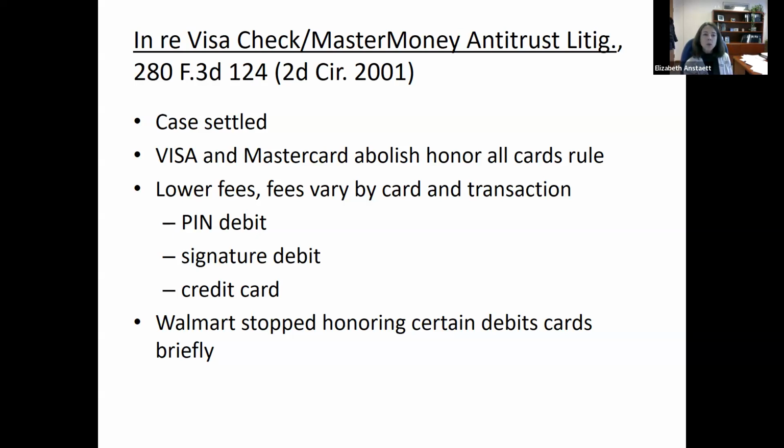But what was really more important than abolishing the honor all cards rule, which honestly is very difficult for a retailer to pick and choose, is they did lower the fees and they started to develop this very complex system. The interchange fee schedule is now available online. It's somewhere in the neighborhood of 12 to 15 pages.